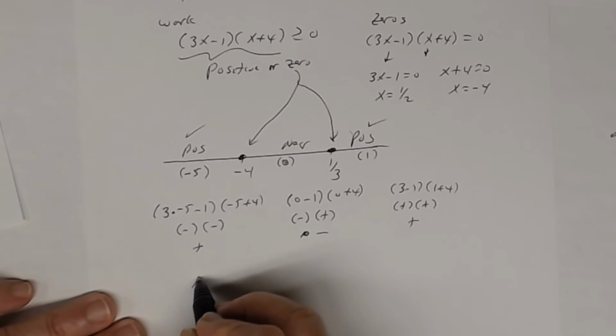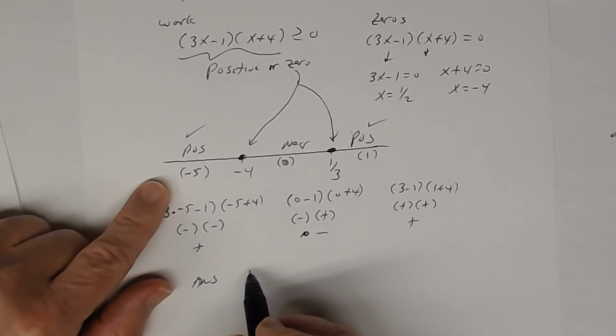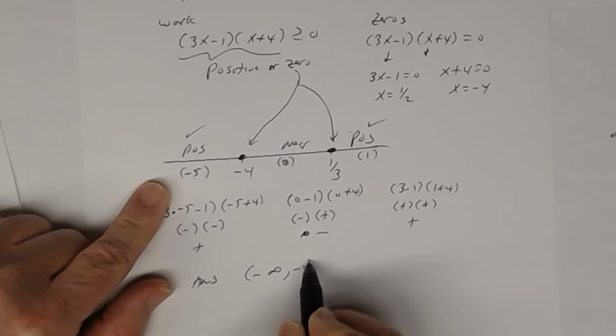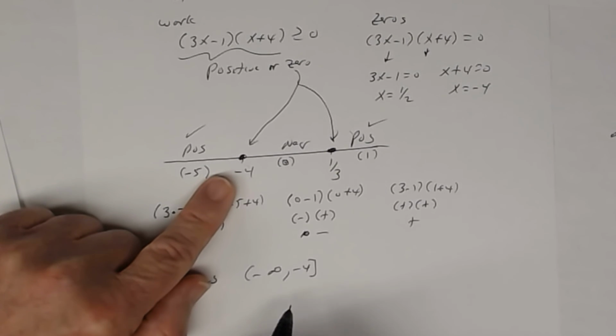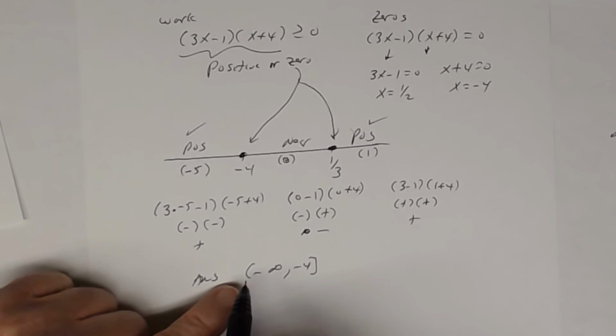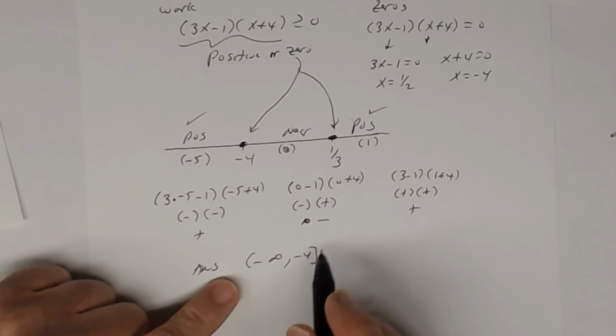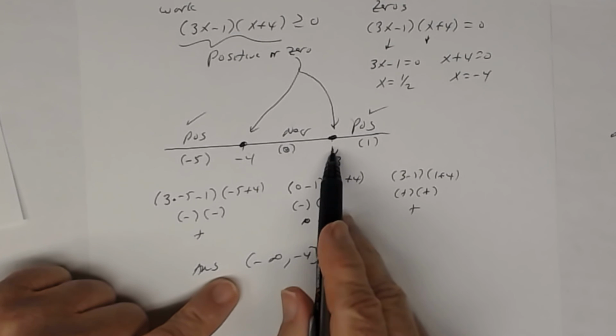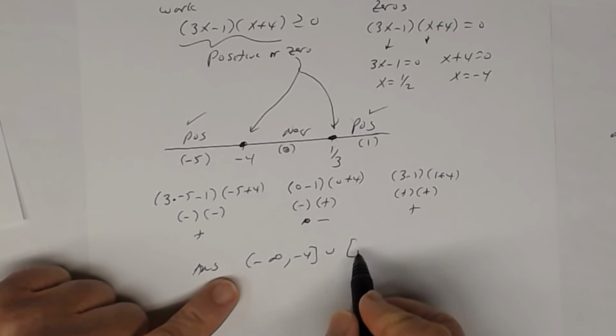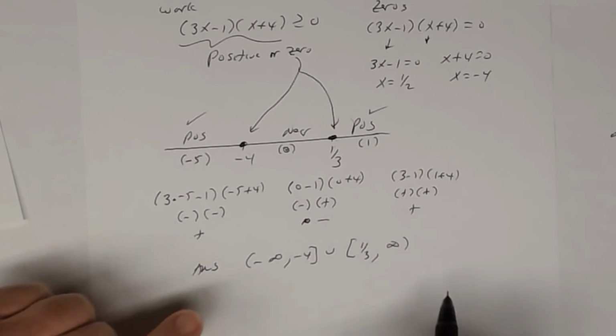So your answer, you're going to say negative infinity to negative 4 with a bracket because of the closed circle. And remember, when you're indicating negative infinity or infinity, that's always parentheses. So make sure it looks like a parenthesis, and make sure that looks like a bracket. And then union, and then bracket 1/3 to infinity.